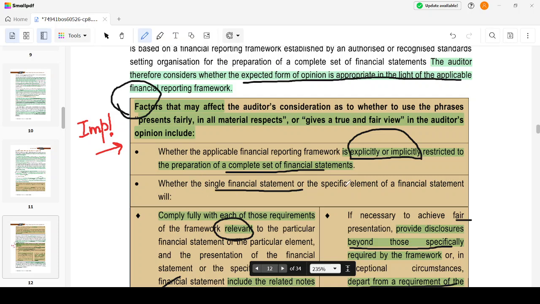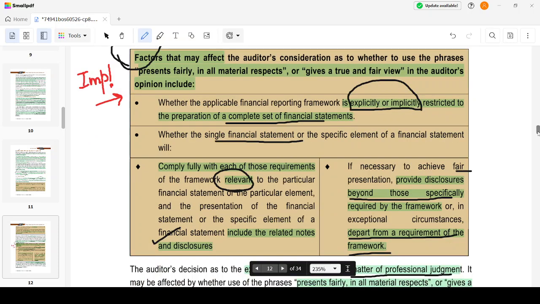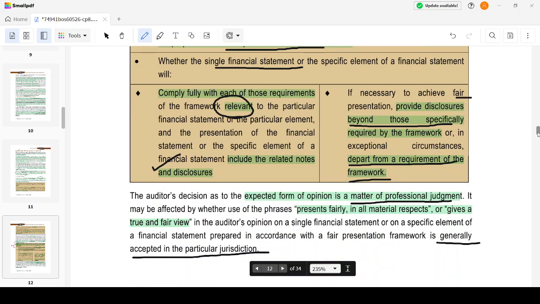A single financial statement or specific element of a financial statement will have to comply with all the requirements given, including related notes and disclosures, and then, if necessary to achieve fair presentation, provide disclosures beyond the specified disclosures or, in exceptional circumstances, depart from the framework, and justification as to why it has to be given properly. Okay, the auditor's decision to express an opinion, what kind of opinion, is a matter of professional judgment. So we have to give that opinion which is really accepted in that particular jurisdiction.